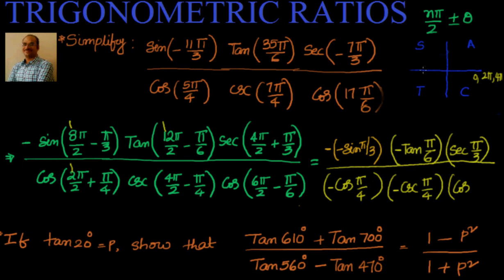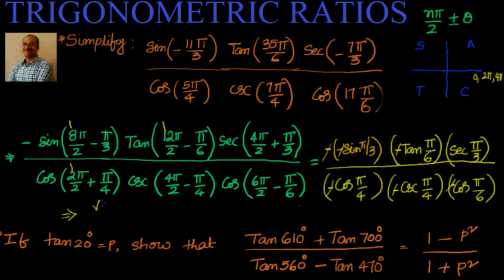2 pi is here, so this is 3 pi. 3 pi minus pi by 6, cos is negative in the second quadrant, so this becomes minus of cos pi by 6. This is 1, 2, 3 minus here, 1, 2, 3 minus here, so all the minus are gone.